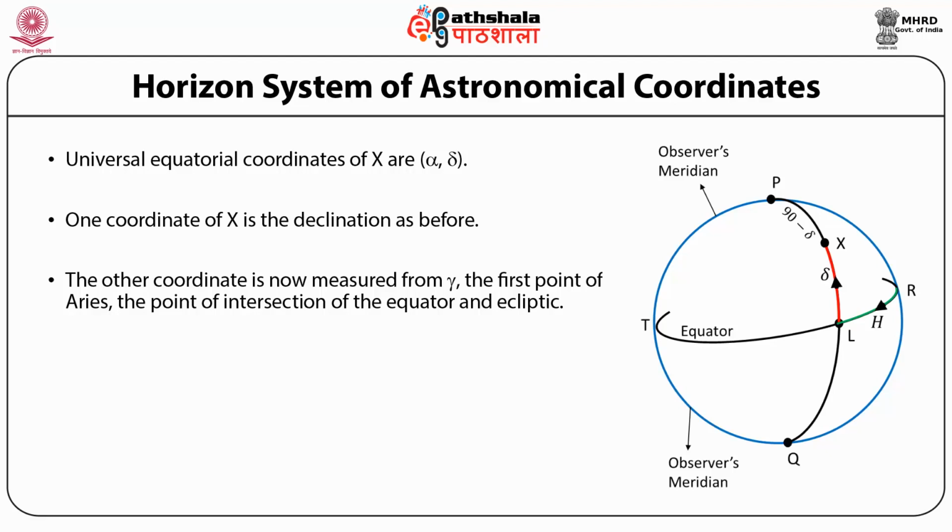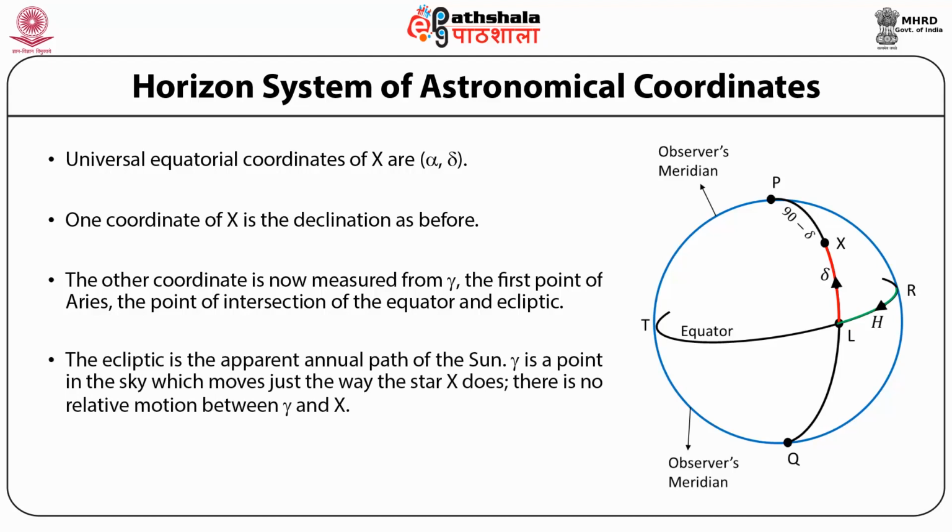Now let us discuss the reference point, which is marked as the first point of Aries, or the vernal equinox.